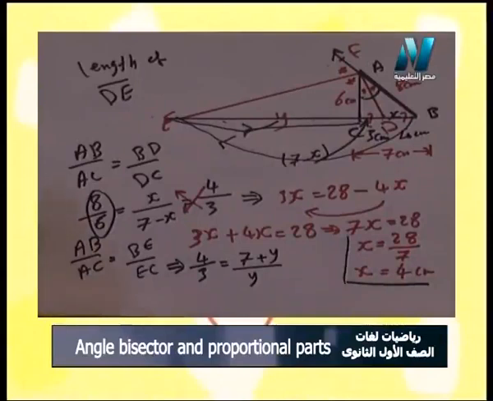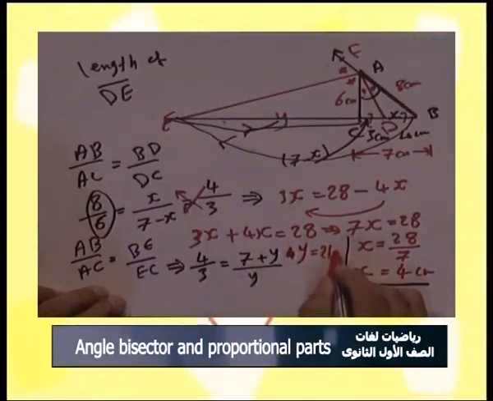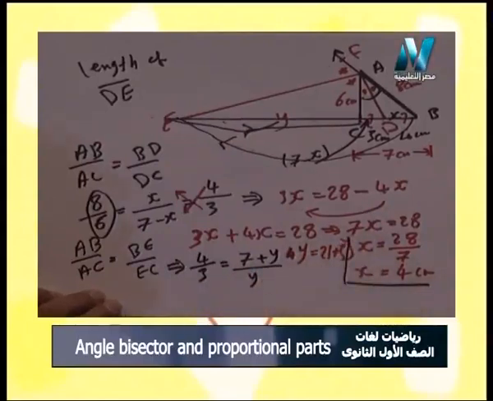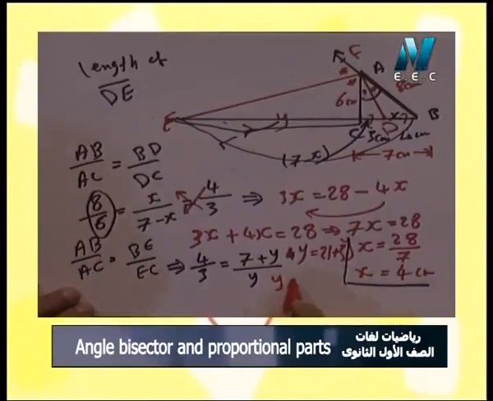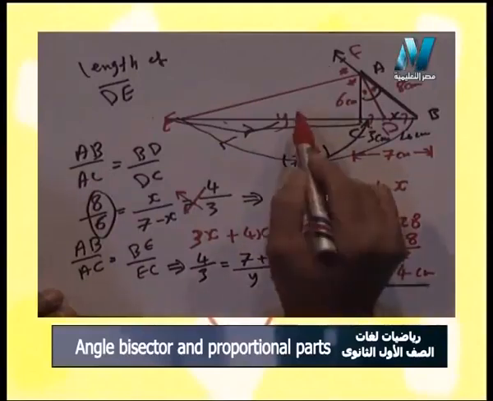We have here 4y equals 3 times 7, equals 21, plus 3 times y equals 3y. So we have 4y minus 3y equals y equals 21 centimeter.